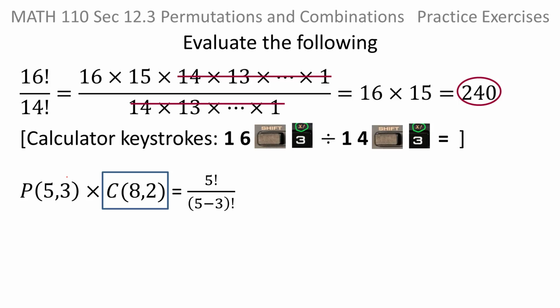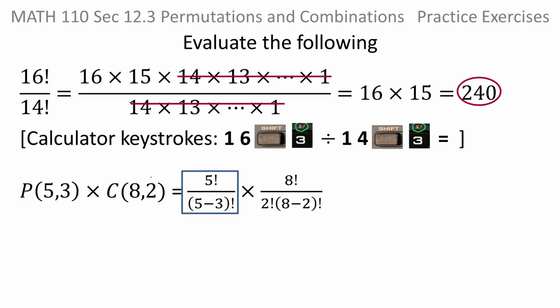Let's move over and do the combination. The combination formula, if you think of n as 8 and r as 2, is n factorial over r factorial times n minus r factorial. So that would be 8 factorial over the product of 2 factorial and 8 minus 2 factorial. Now simplify this.